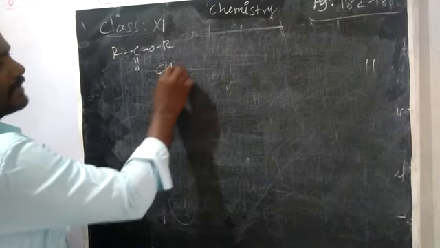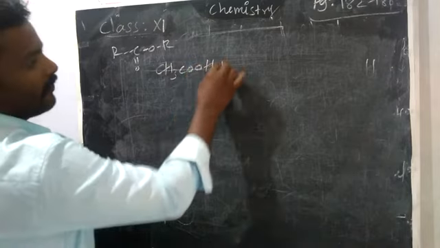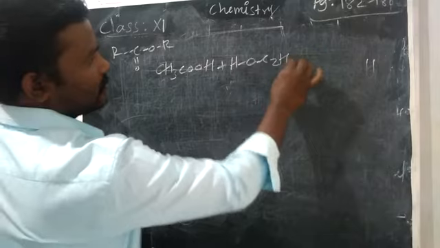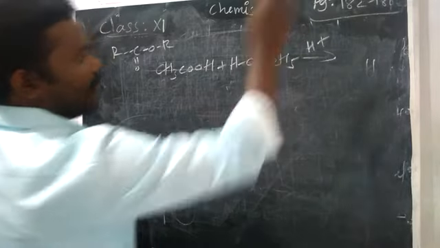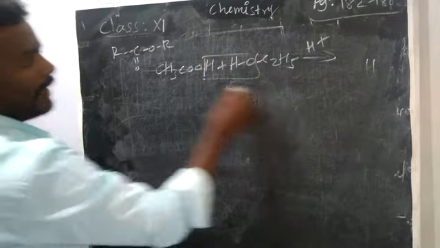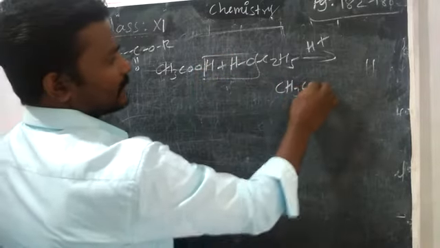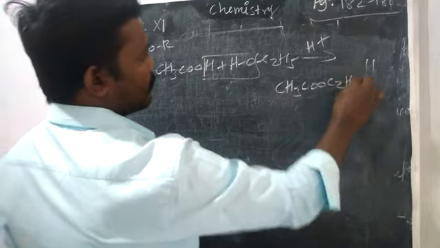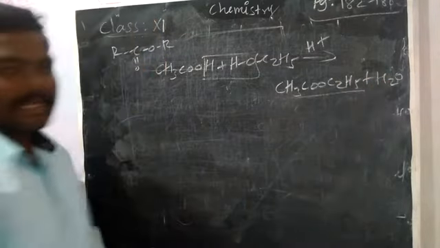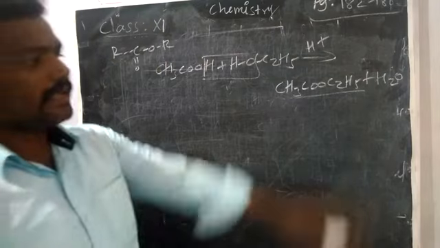Take acetic acid with ethyl alcohol, C2H5OH, in the presence of a mineral acid. Remove water and add the remaining: CH3COOC2H5 plus water. Now you got this ester. Ethyl acetate is the ester.